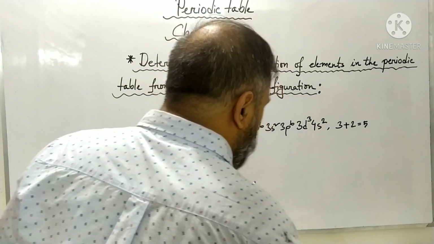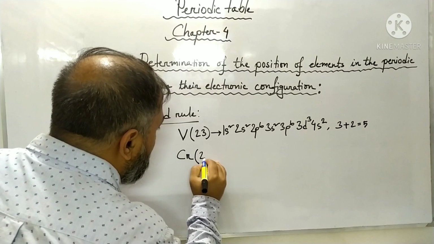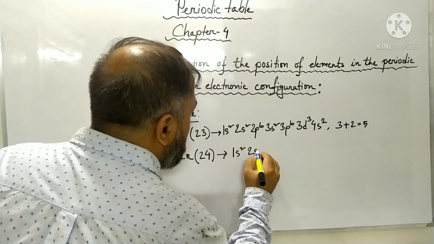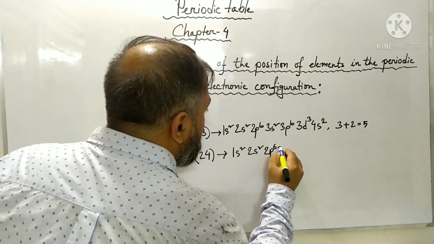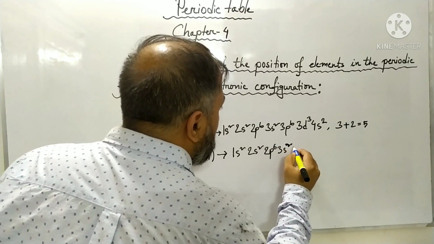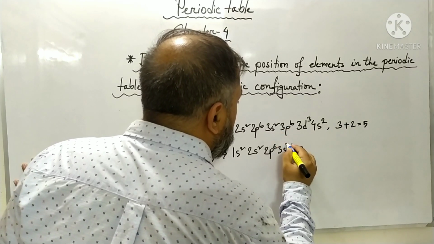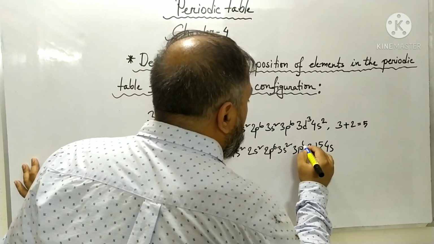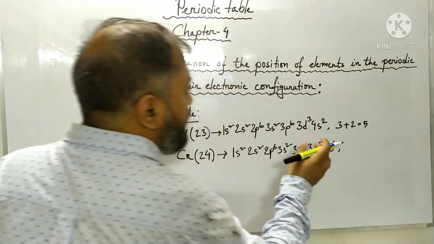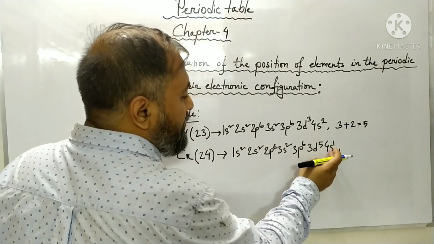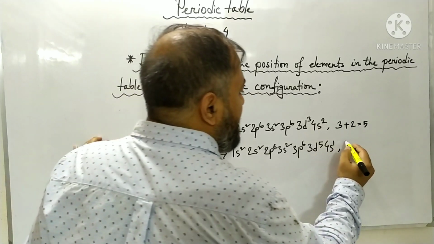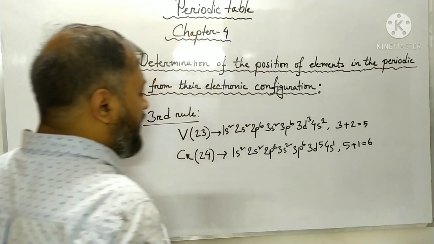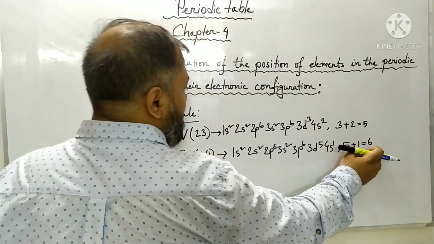You can see the electronic configuration of chromium, 24, and that is 1s2, 2s2, 2p6, 3s2, 3p6, 3d5, 4s1. So the total number of electrons present in the 4s and 3d orbitals is 5 plus 1, that means 6. So the group number of chromium is 6.